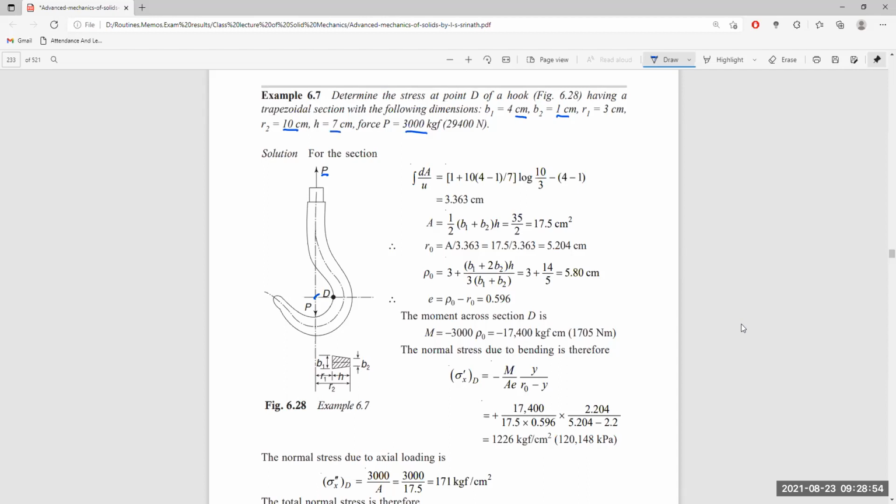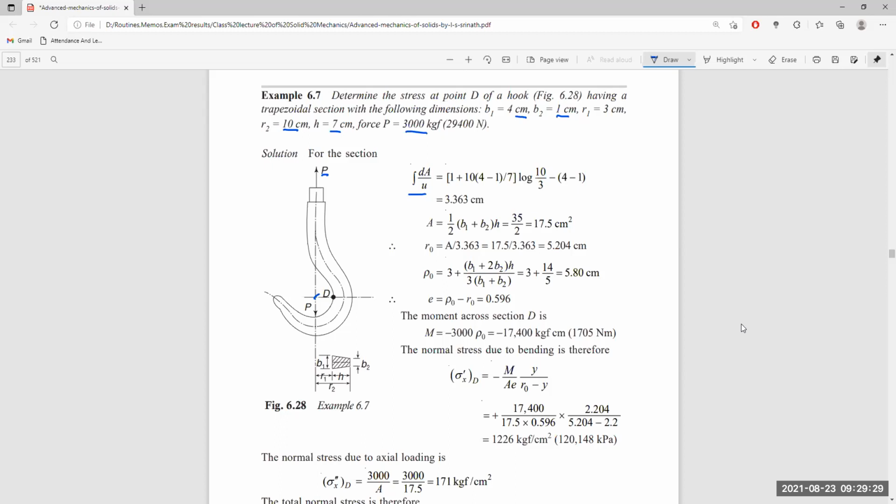So what we have to find out is the integration of dA divided by r, and here we take the equation we have already derived for the trapezoidal section, which is given as B2 plus R2, where B2 is 1 centimeter, multiplied by B1 minus B2 divided by H, times R2, minus B1, where R2 is equal to 10 centimeter.